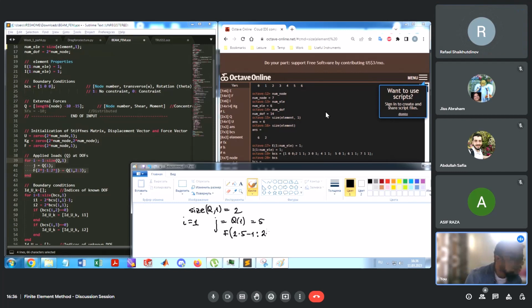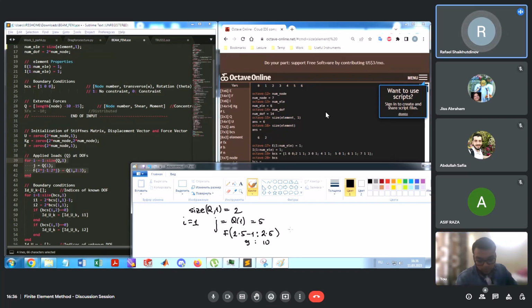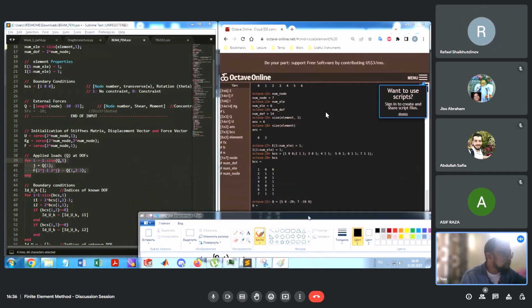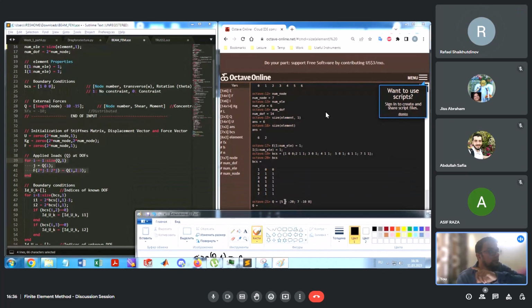2 multiplied with 5, yes, 9 and 10 is the location in the global degrees of freedom. So in the force vector we are incorporating this external load. Locally, we wrote the elements where the loads are, and we are incorporating those into the global force vector.